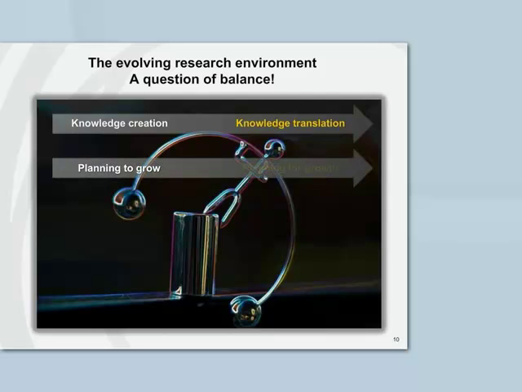The next element that is essentially generating a certain shift in the research environment landscape is that we've gone from a planning to grow to planning for growth model. And let me explain this. With the creation of the CFI, many institutions saw an opportunity to grow at an unprecedented rate, and that was great.